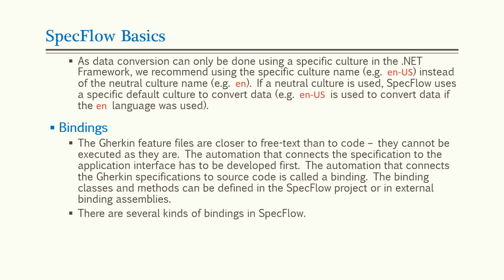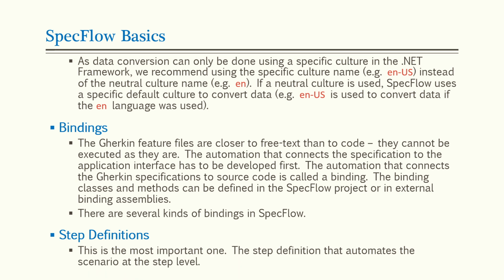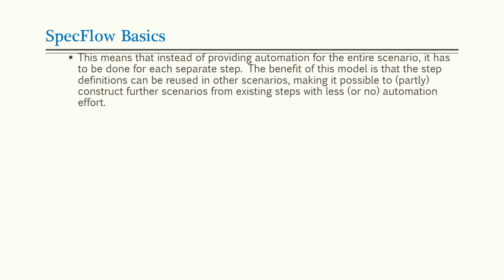These are the several kinds of binding in SpecFlow. Step definition. This is the most important one, the step definition that automates the scenario at the step level. This means that instead of providing automation for the entire scenario, it has to be done for each separate step.